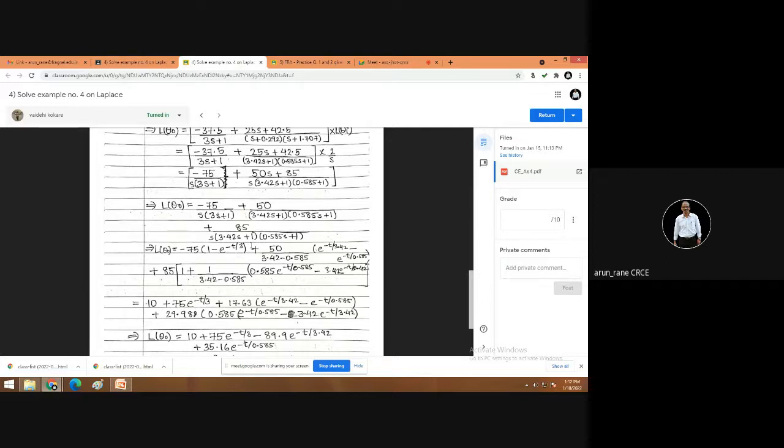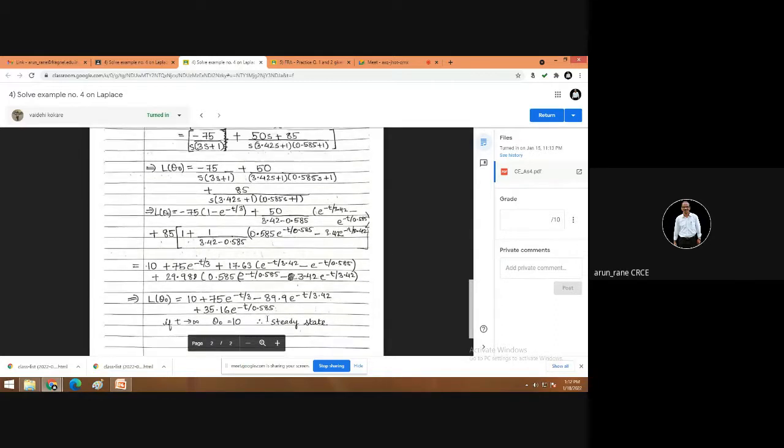From the standard Laplace transform, you can now come to time domain form by referring to the table. Now you have to identify the particular solution and complementary solution. That is the steady state response.